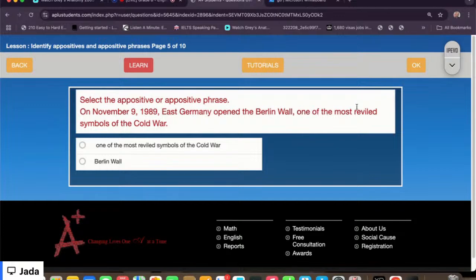So, on November 9, 1989, East Germany opened the Berlin Wall, one of the most well-known symbols of the Cold War. So, which of these is the appositive phrase? One of the most well-known symbols of the Cold War, or Berlin Wall.